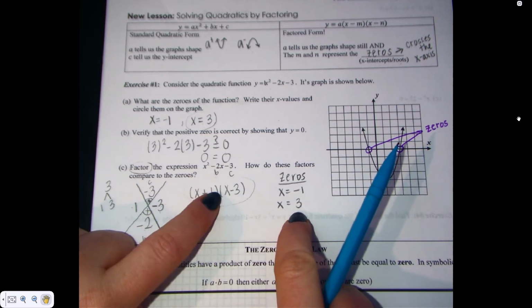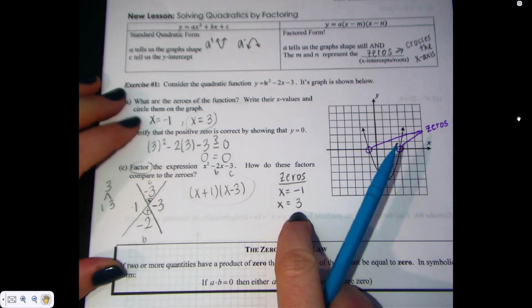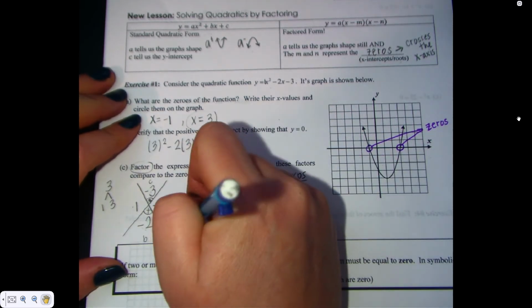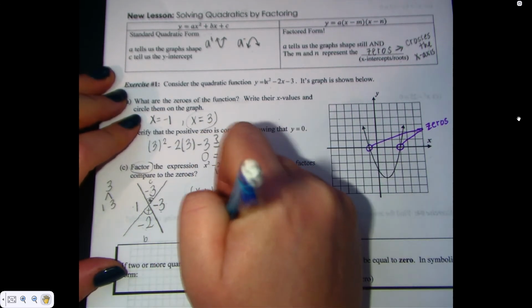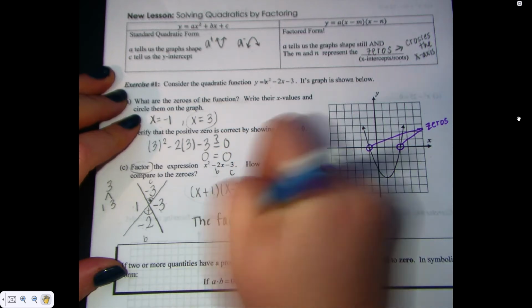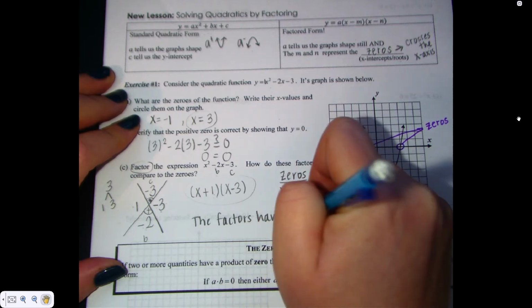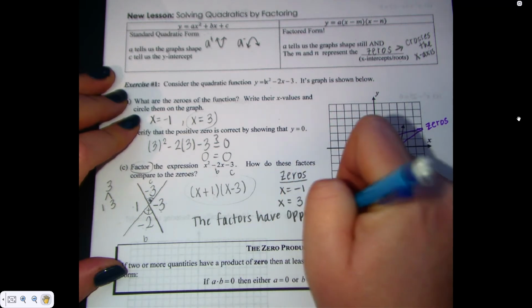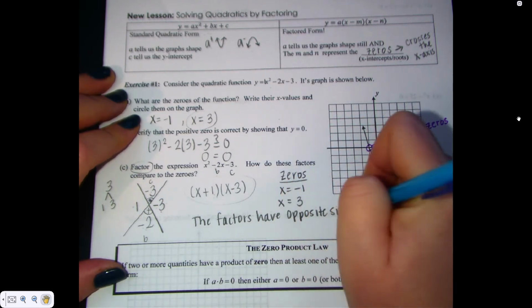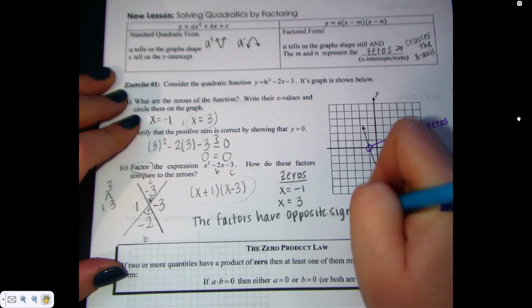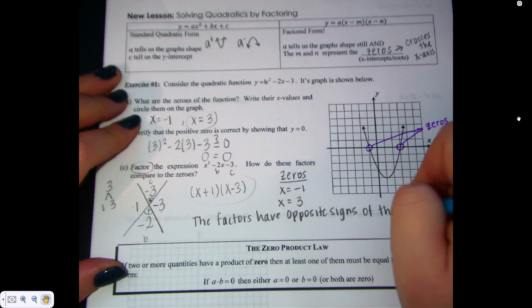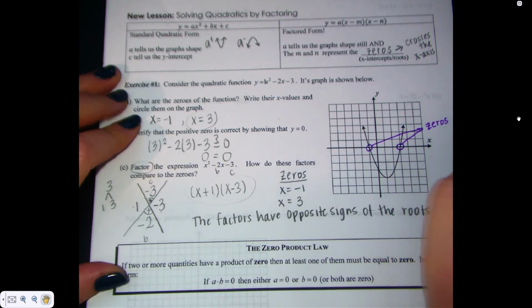So the factors have opposite signs of the roots, AKA zeros.